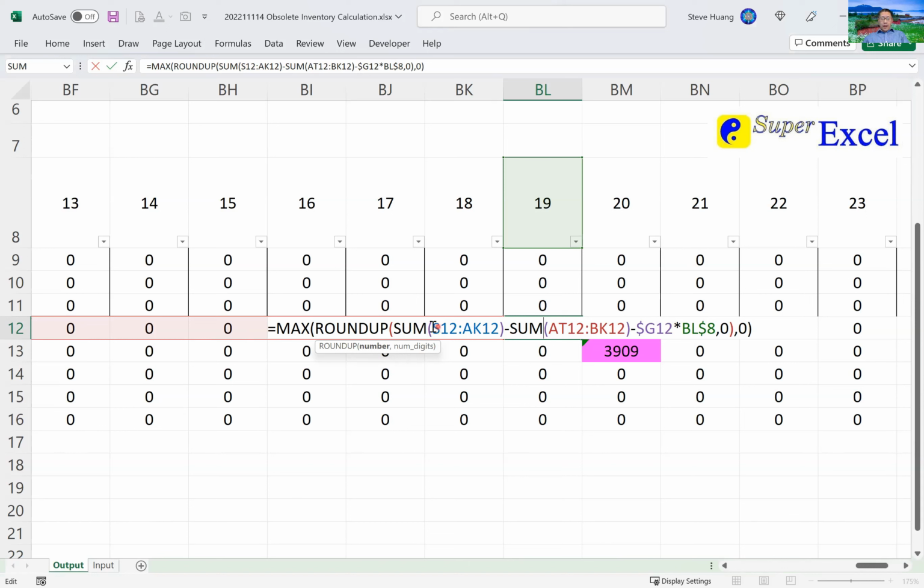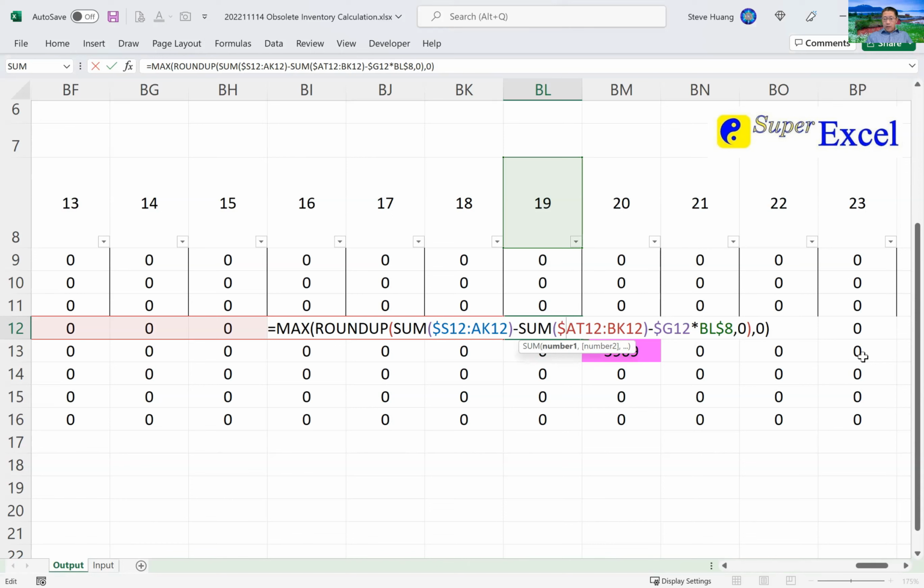So I need to lock this S. We're always starting from column S. And for the second block over here, we need to start from column AT. We can lock this column AT this way. We're always starting from month 1. But actually, we are still going to have problems. For now, let's just deal with this. We're going to address that problem later.